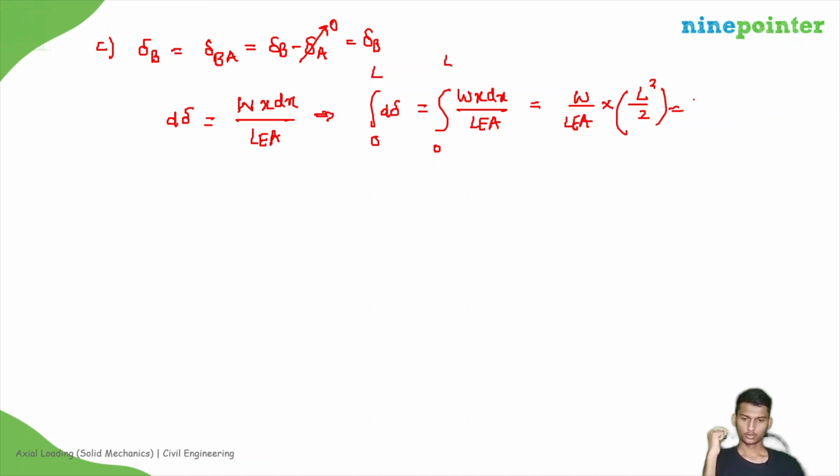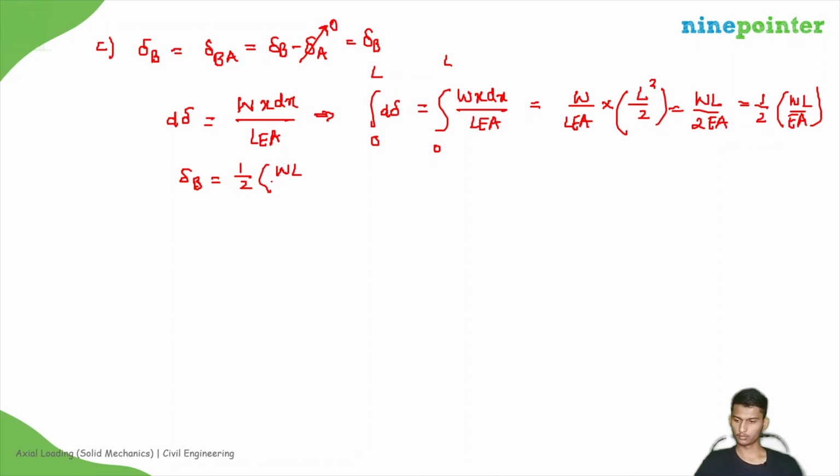So W L by 2 E A. You can write it as half W L by E A. So delta B is equal to half into W L by E A. So this elongation is half of that of a prismatic bar with E and A as the area, applied with load W. Do you agree?